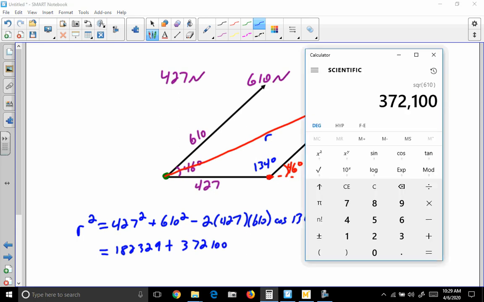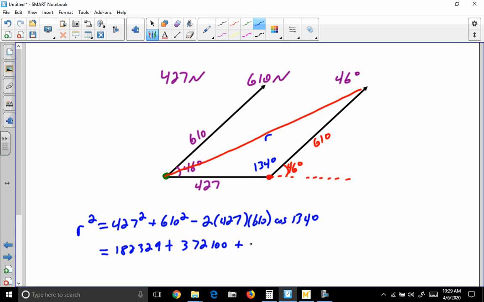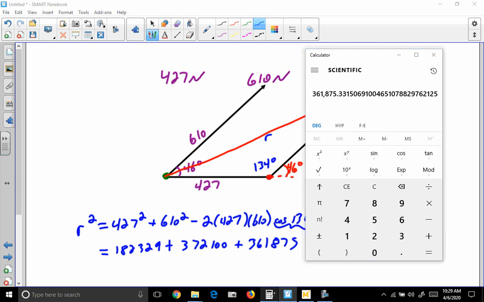And then the next term, we have negative 2 times 427 times 610 times cosine of 134, and that's 361,875. And notice that's positive. I put a negative in with my calculation: negative times positive times positive times negative. Well, two negatives make a positive. So that comes out to be positive.